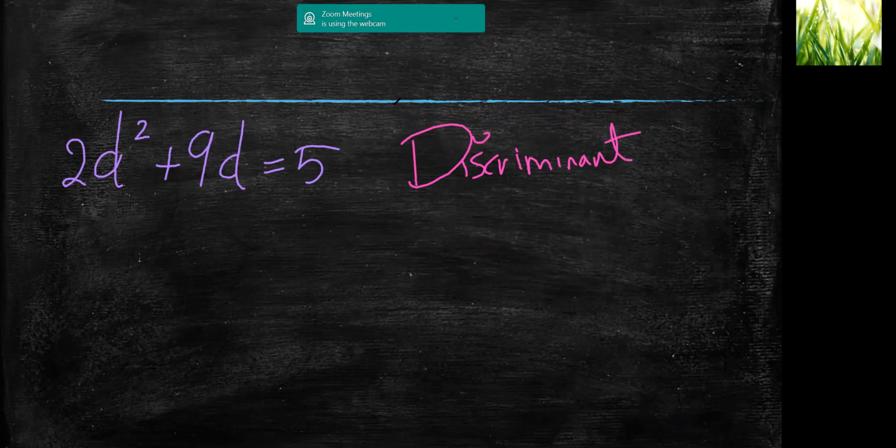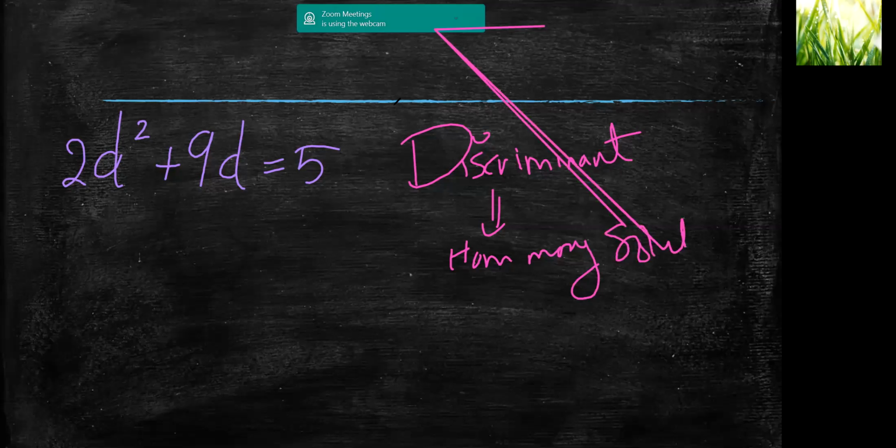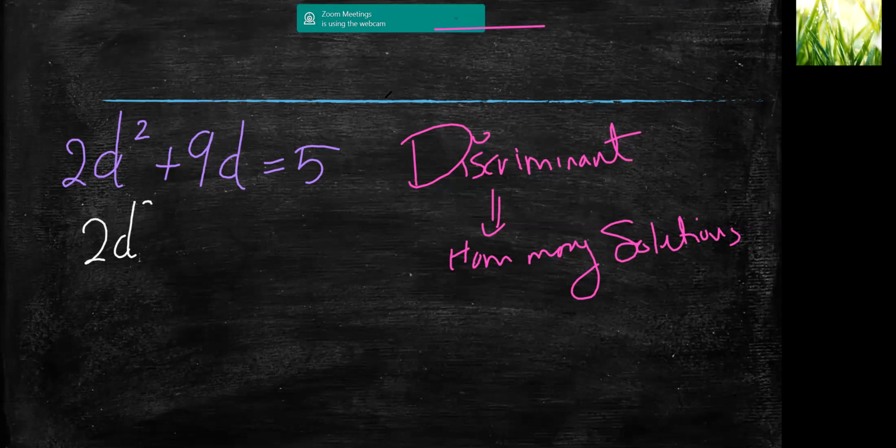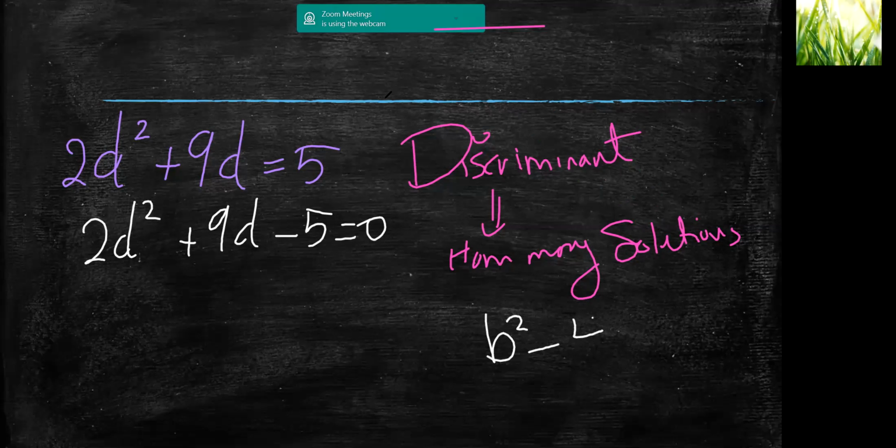The discriminant helps me to find how many solutions. The first step, we have to write it in standard form, which is 2d squared plus 9d minus 5 equals 0. The second step, the discriminant is b squared minus 4ac.